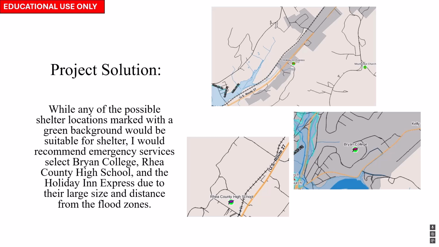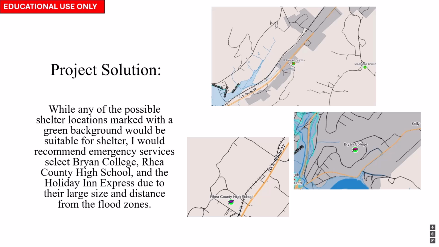And so, as noted on the previous slide, while any of the possible shelter locations that are marked with a green background would be suitable for shelter, I would recommend that emergency services select Bryan College, Ray County High School, and or the Holiday Inn Express. Depending on the amount of people affected, they may need to use all three, or they may only select some.